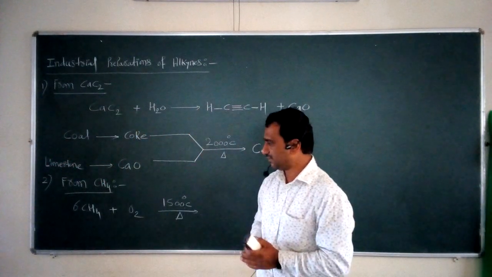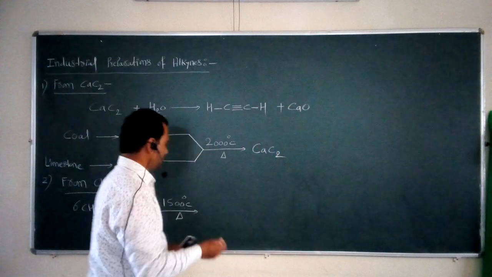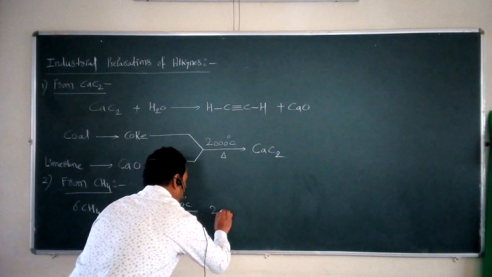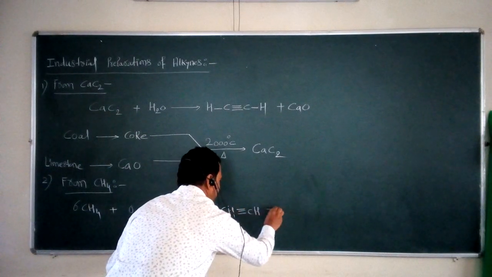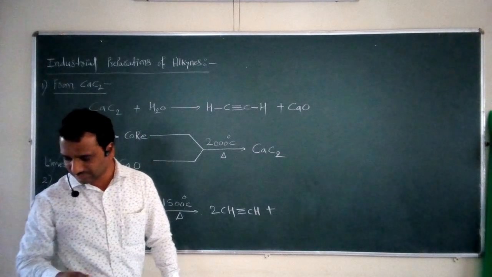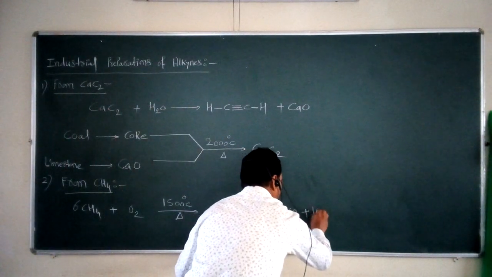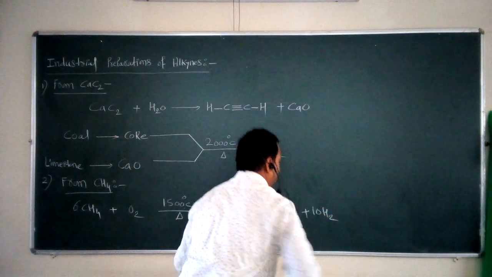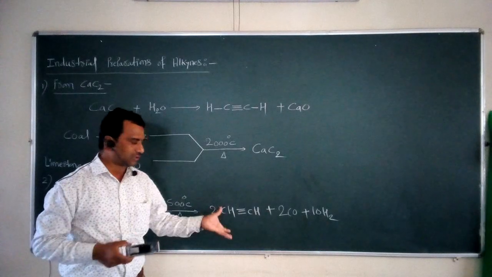So what happens? We get the formation of alkynes, and especially 2 moles of acetylene is obtained as the main product, along with the byproducts, 2 moles of carbon monoxide plus 10 moles of H2. So this byproduct is obtained along with the main product.